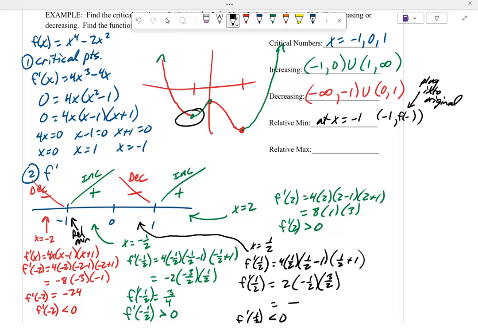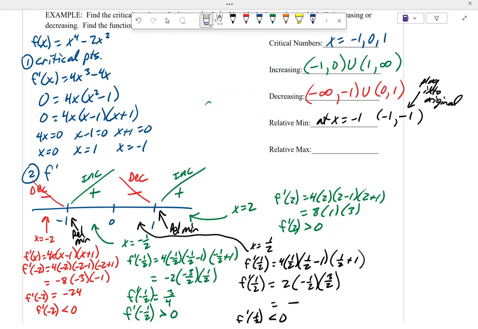If I plug -1 in, that's what it spits out, -1. We will also have a relative min over here at 1 if I decrease and increase. Relative min here. Again, I don't know right now if they're absolute or not. We're not going to worry about that at this point.